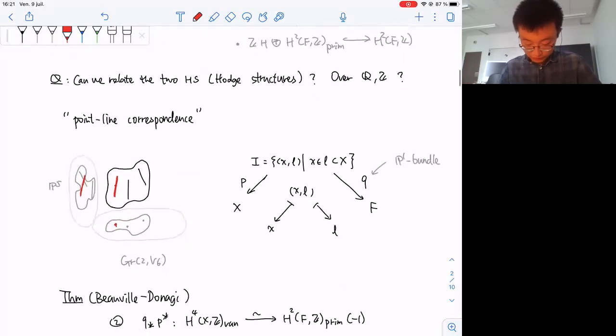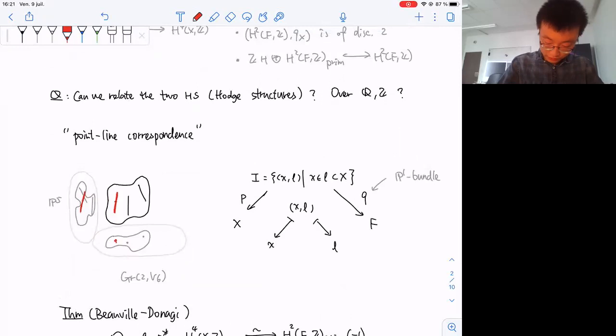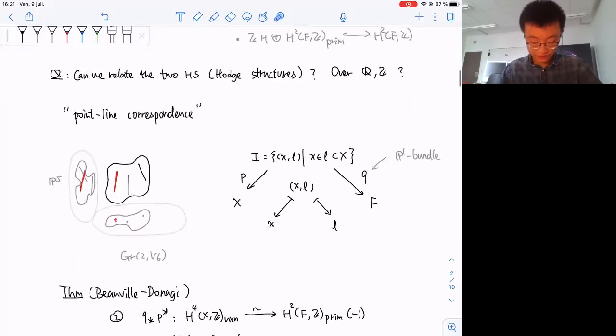Now I should mention that this map here, the projection to the Fano variety of lines, is a P^1 bundle, since the fibers are all naturally just lines. This is the second part of the Beauville-Donagi theorem.